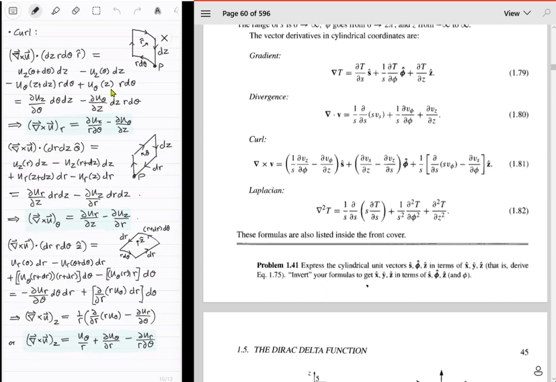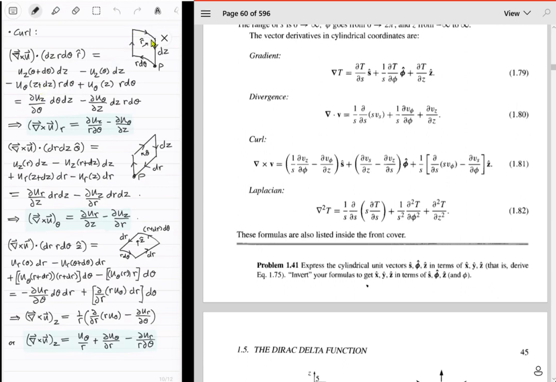If you don't do it very formally, then fine. So we have u sub theta at z times this length r d theta, and for the other path we also need this one: minus u sub theta at z plus dz, times r d theta.